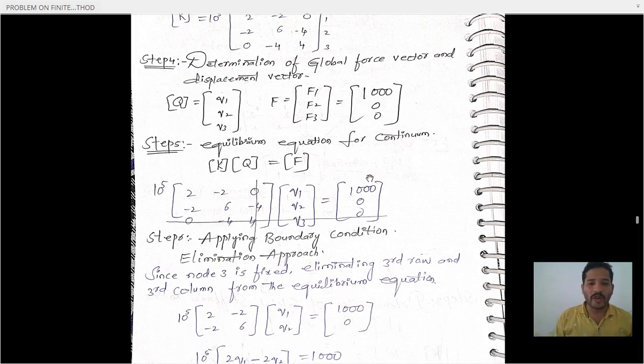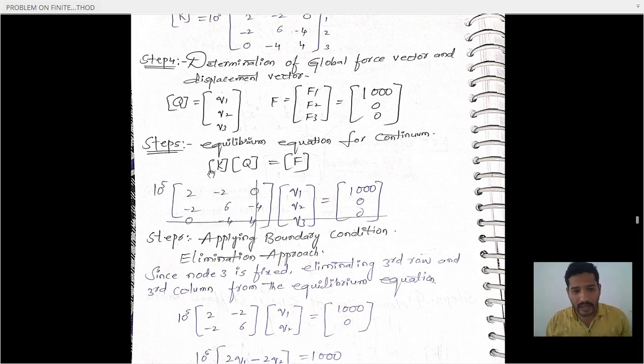After that, what do we need to find out? We need to find the equilibrium equation for a given continuum. The formula is KQ equal to F. K represents the global stiffness matrix, Q represents the nodal displacement, and F represents the nodal force vector.